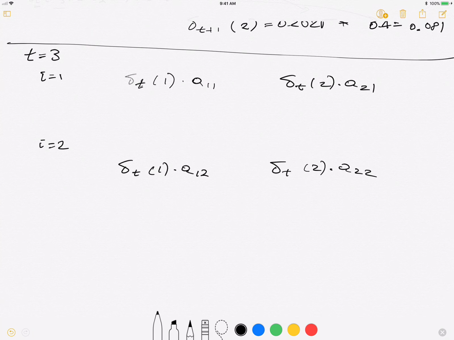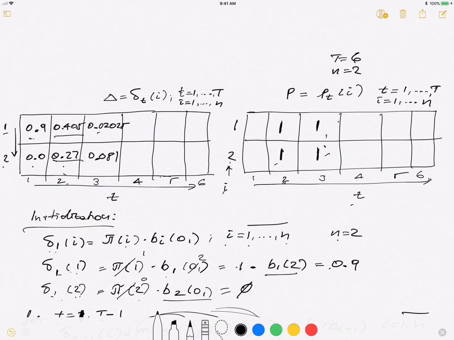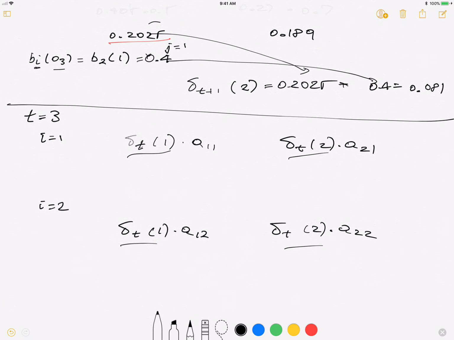So I need to copy deltas. T is equal 3, and these deltas are just calculated: 0.02025 and 0.081, and I need to multiply with a's.